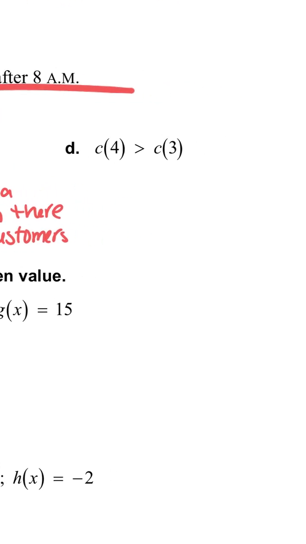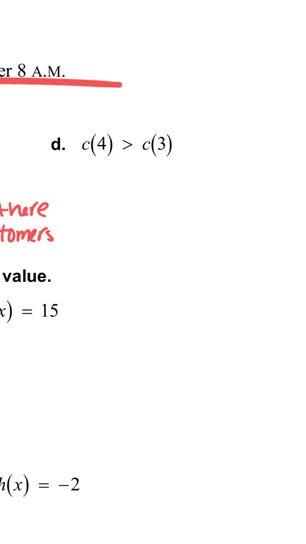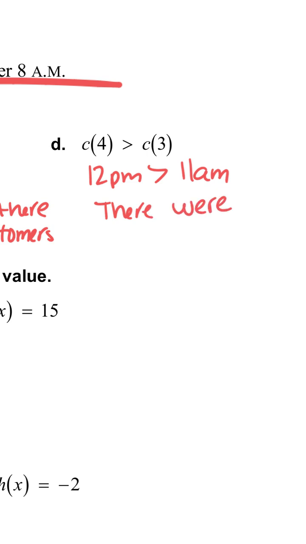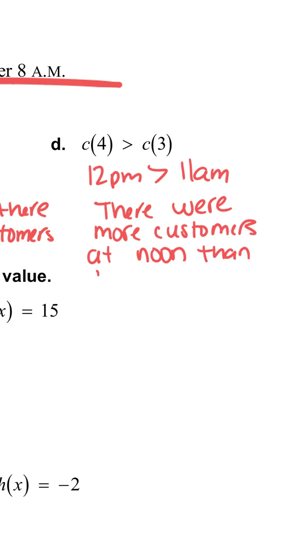And D, again, 4 hours after 8 a.m. is what? 12 p.m., which is greater than 3 hours after 8 a.m., which is 11 a.m. So there were more customers at noon than at 11 a.m.